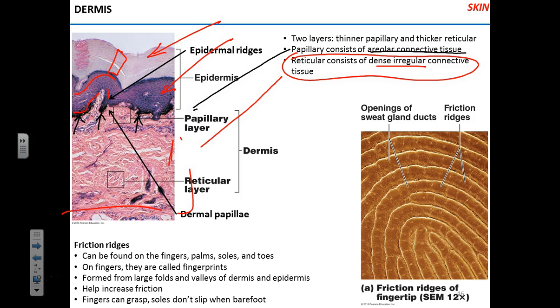No? Okay. A few features of the skin, well, first friction ridges. Friction ridges can be found on the skin of your hands and your feet. Okay? So like palms, soles. It allows us to grip on things.